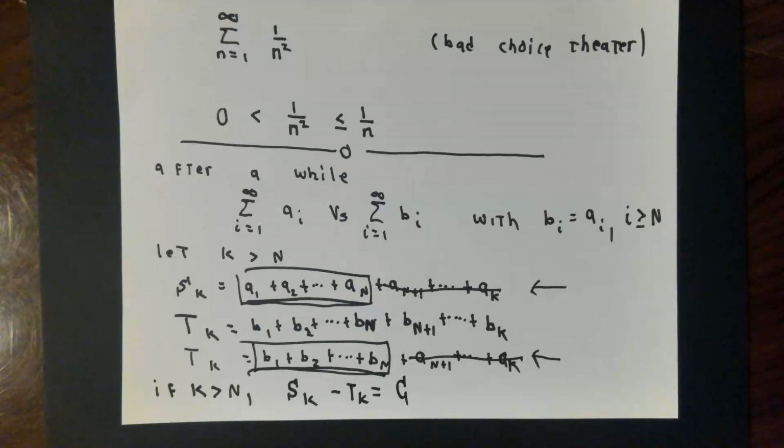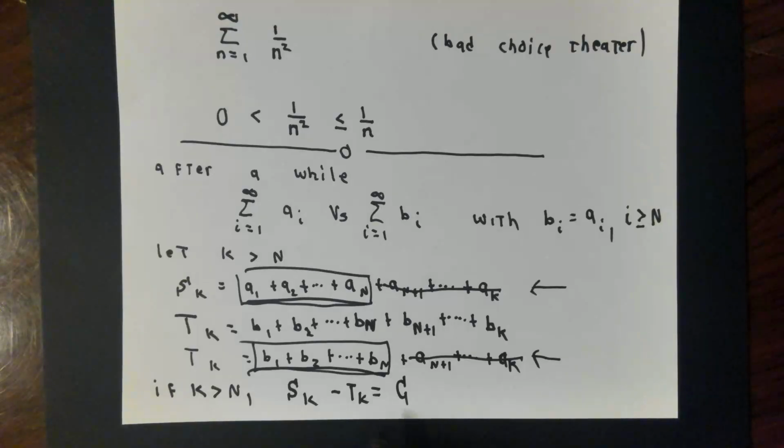So this says that sk minus tk is a constant that doesn't depend on which exact value k you pick. This says that sk is C plus tk. If the limit of the partial sums for the B series converges, then so does the partial sums for the A series.